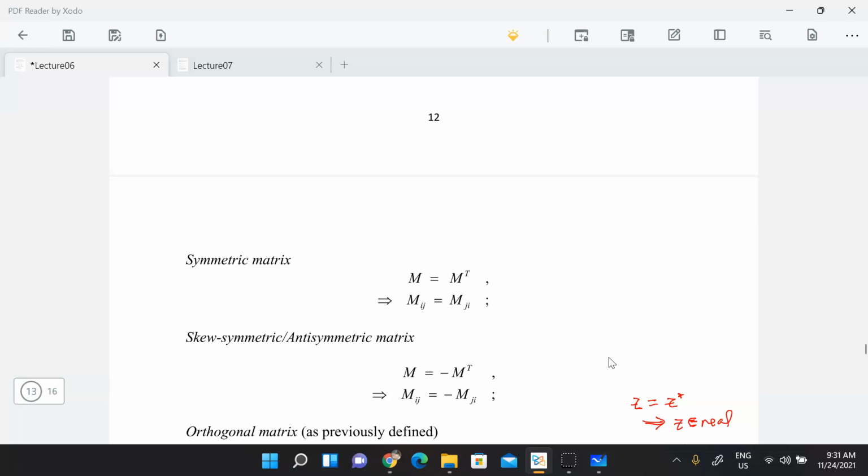Remember, the first index refers to the row, the second index refers to the column. In the transpose, what is being done is just to interchange your columns into rows and rows into columns. So the ijth element of M transpose gives me Mji. But now if M equals M transpose, that means Mij equals Mji.